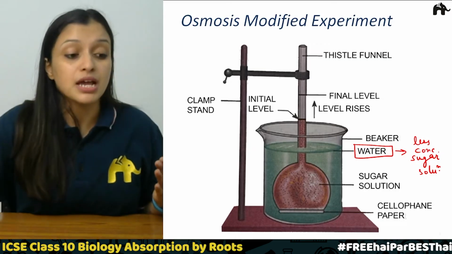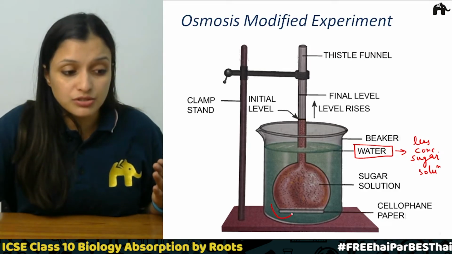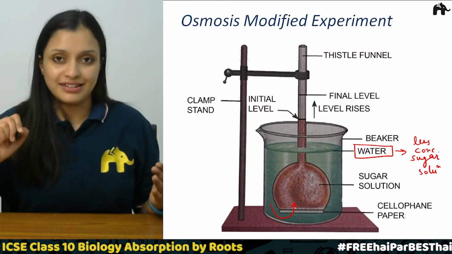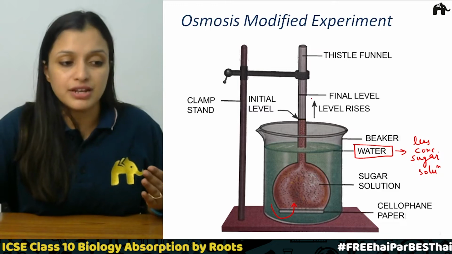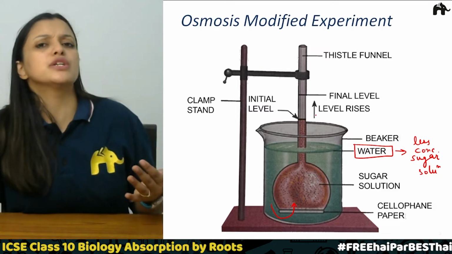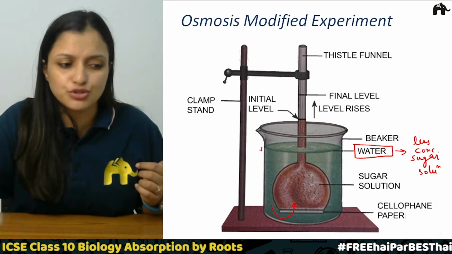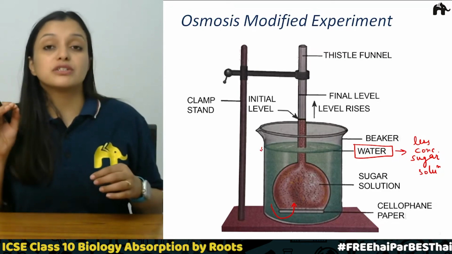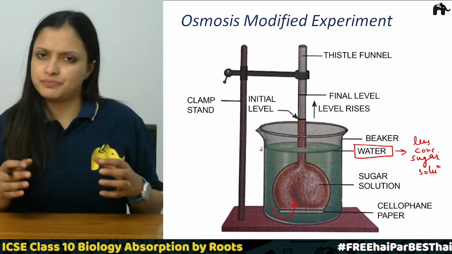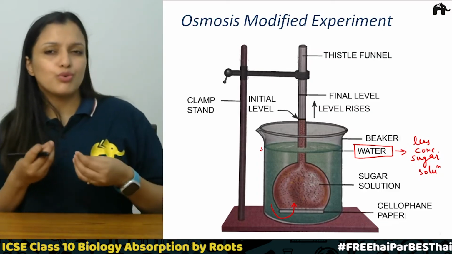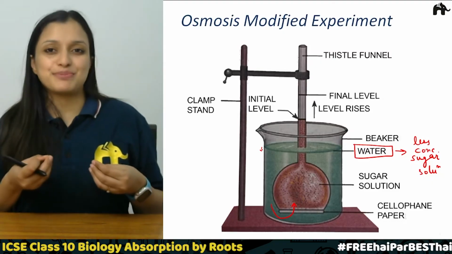So the water molecules will move into the funnel from the beaker. So again the level is going to rise in the thistle funnel, and there will be a slight drop in the level of the solution inside the beaker. Simple? Clear? Let's see some more modifications to this experiment.